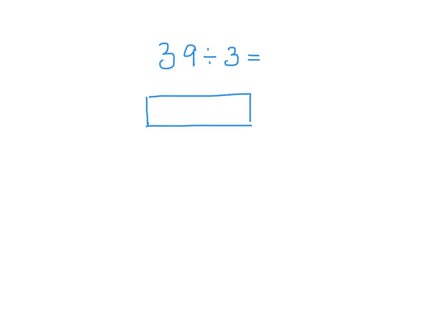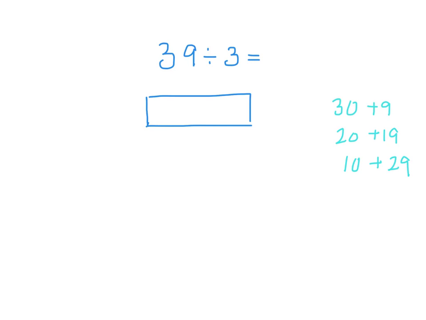Here we have another example, 39 divided by 3. Again, I need to break up my 39, so I could do 30 plus 9. I could do 20 plus 19. I could do 10 plus 29. But remember, I'm wanting to look for friendly numbers.